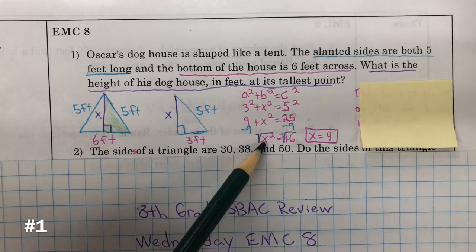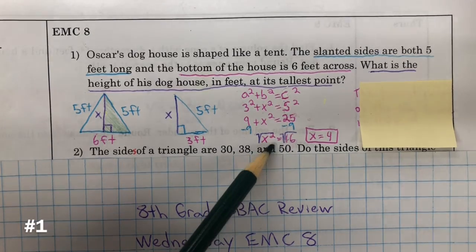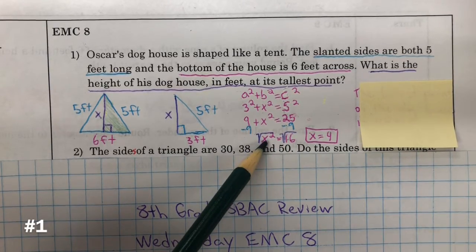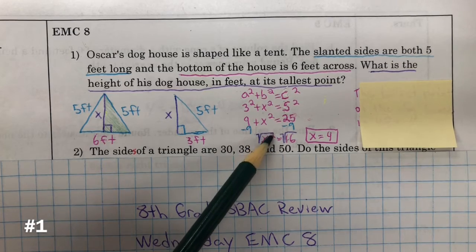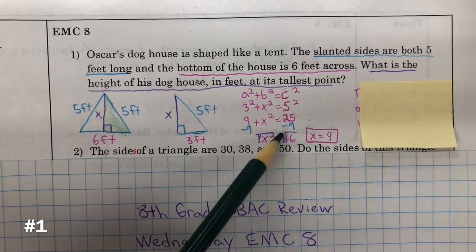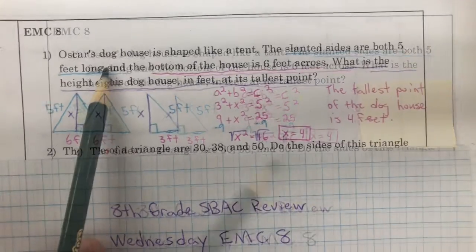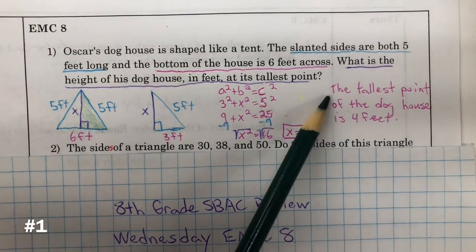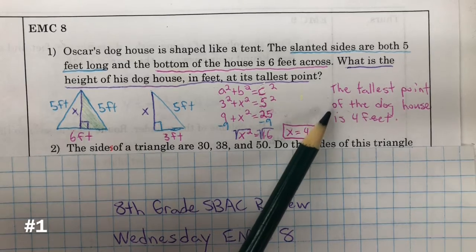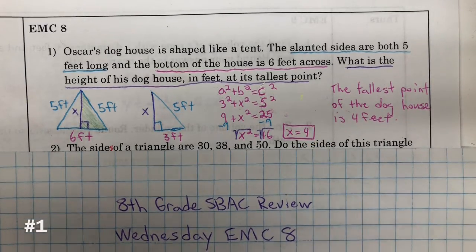Now we have x squared equals 16. Inverse property of squaring is to take the square root. Those cancel each other out, and the square root of 16 equals 4. So the tallest point of the doghouse is 4 feet.